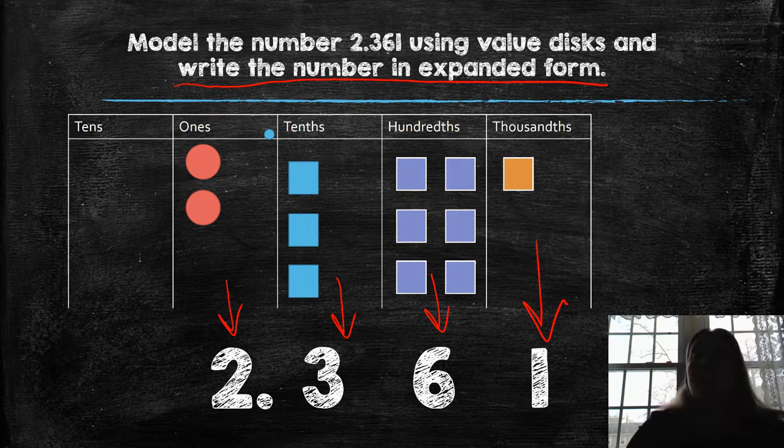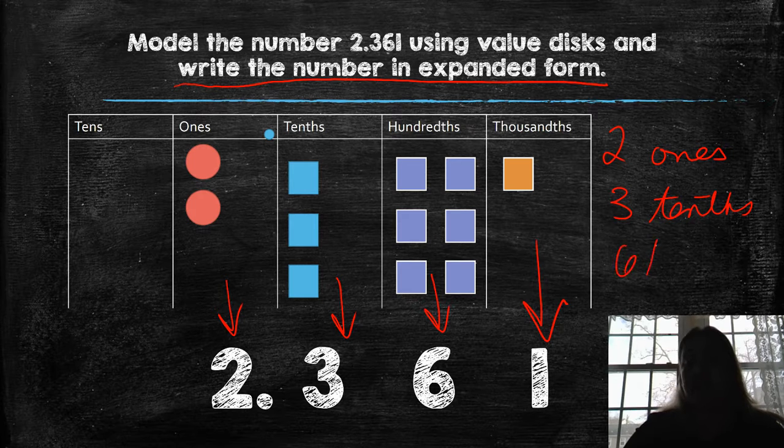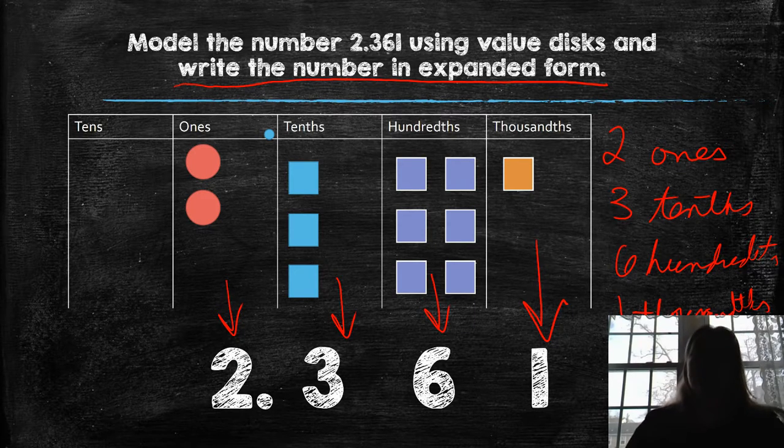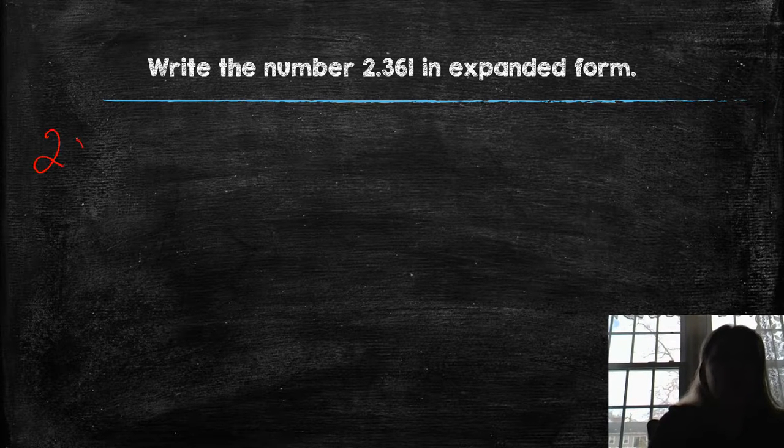We can see from the model that we have 2 ones, 3 tenths, 6 hundredths, and 1 thousandth, right? So we can record this numerically. If I take my 2, it'll be 2 times 1.